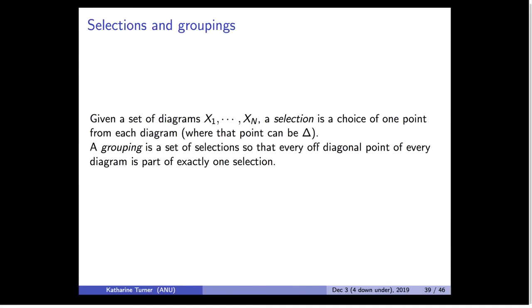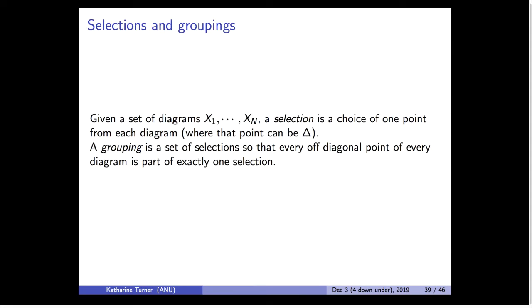This is the notation from that fuzzy means paper by a whole bunch of people, mainly Liz. And just to keep the notation and vocabulary going, if I take a bunch of these selections where every point is used exactly once, I'm going to call that a grouping.